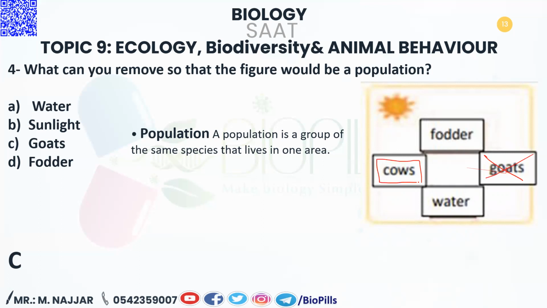A group of cows of the same species that live together in a particular area at the same time, and the food and water, which are abiotic factors. So those cows are making a population. By the way, if he had said cows in the options, it could have been a conflict, but he didn't. So we picked C, which is goats.